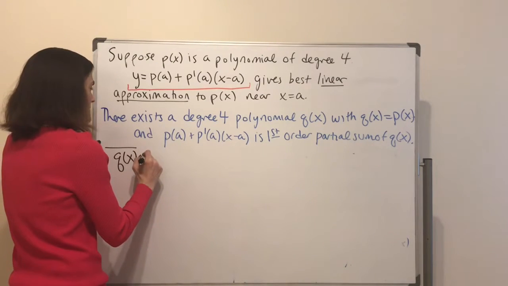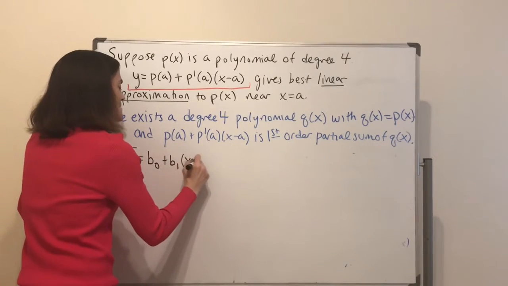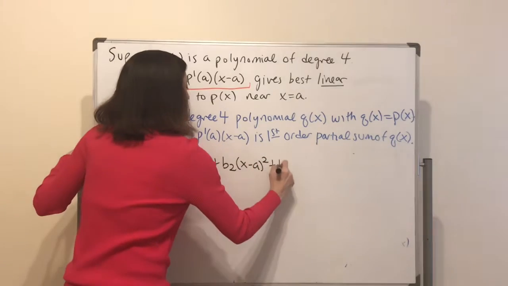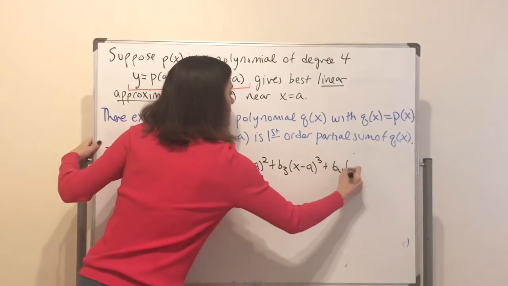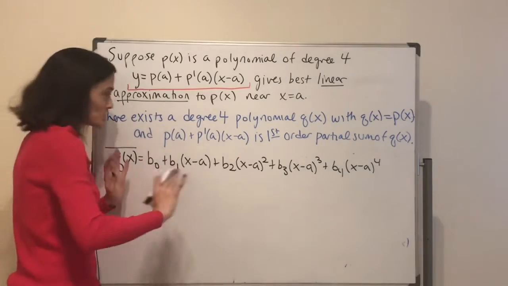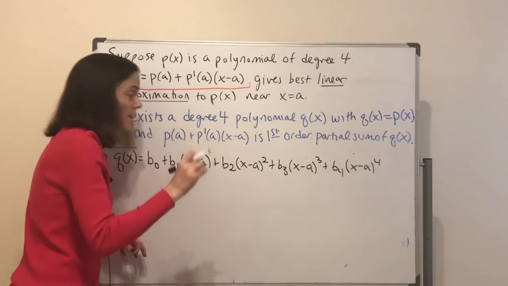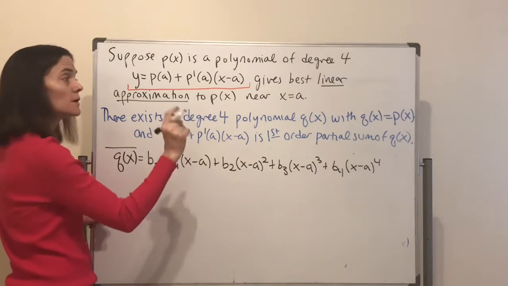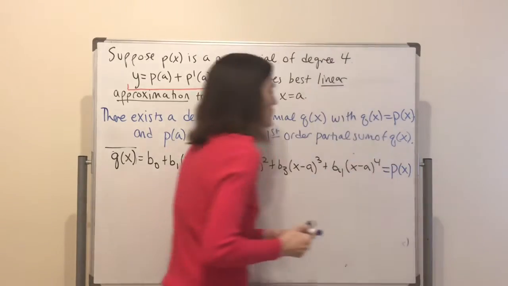So q of x equals b0 plus b1 times x minus a plus b2 times x minus a squared plus b3 times x minus a cubed plus b4 times x minus a to the 4th. This is a general polynomial of degree 4 centered at a. Now I want this to be equal to p of x, which is some degree 4 polynomial.